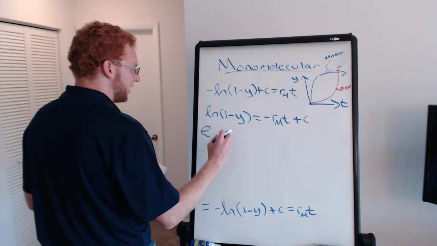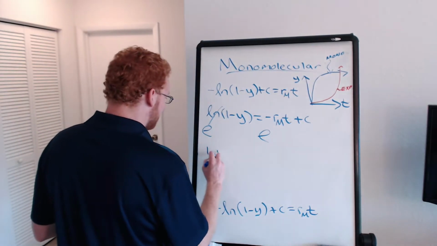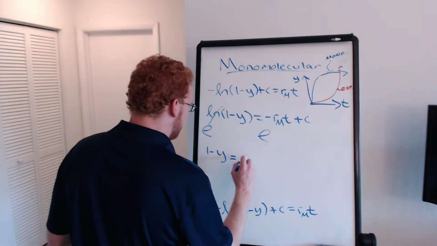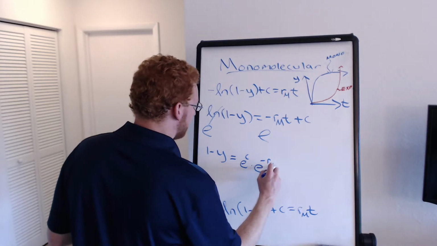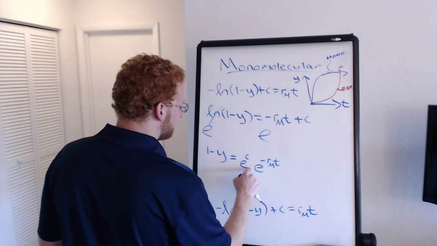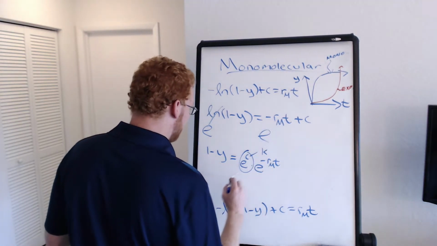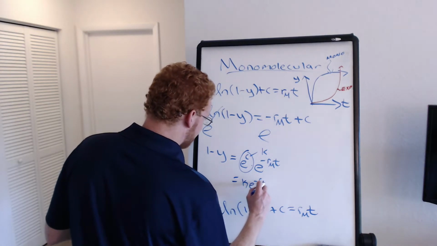Then exponentiate everything. Then you get 1 minus y is equal to e to the c times e to the minus r sub m t. The e to the c plus becomes multiplication times that. We're going to call this k. So k e to the minus r sub m t.